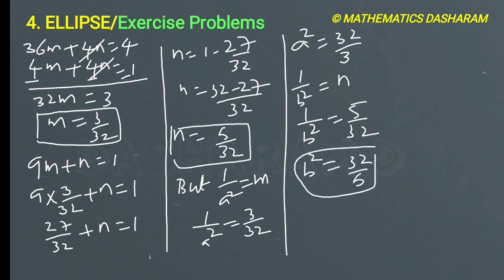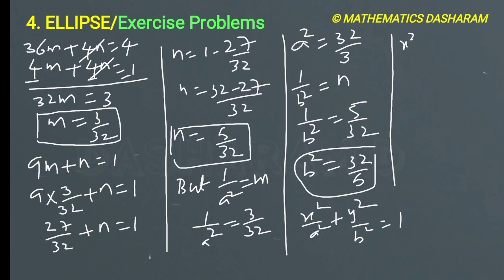So let's take the standard form of ellipse, that is x square divided by a square plus y square divided by b square equals 1. So substitute the a square and b square values in this. So x square divided by a square value 32 divided by 3 plus y square divided by b square value 32 divided by 5 equals 1.